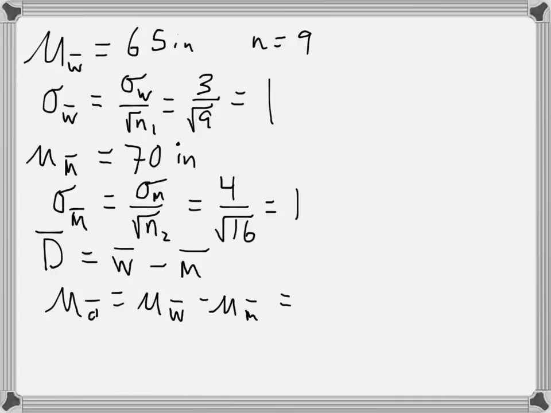No surprise, that's 65 minus 70, or -5. That means that on average, if I do this over and over, the difference between the women and the men is going to be -5 inches. Negative here means that the male sample is taller.